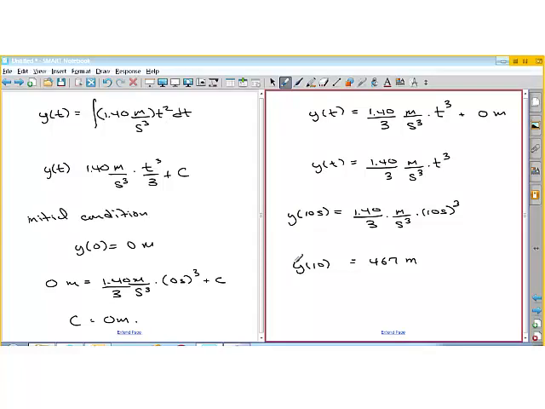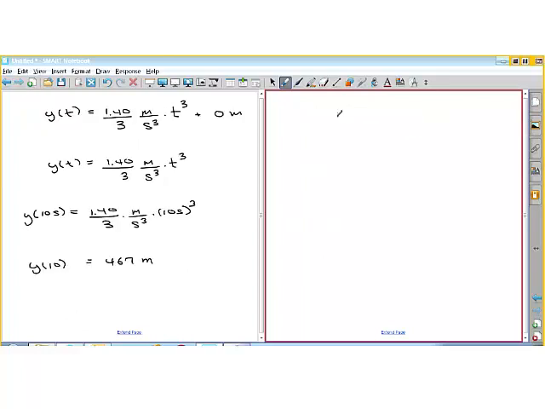Okay, that's the answer. Then it says, what is the speed of the rocket when it is 325 meters above the surface of the Earth? In that case, we don't actually give you t. So what you're going to do is take the displacement of 325, put it there, solve for t, then use that t in the equation for velocity, which for speed is the same thing, it's just not a vector.